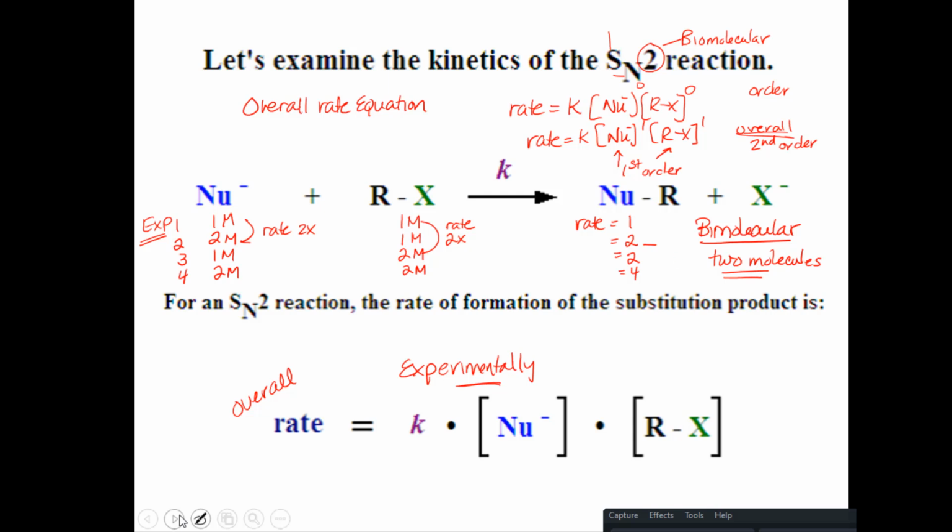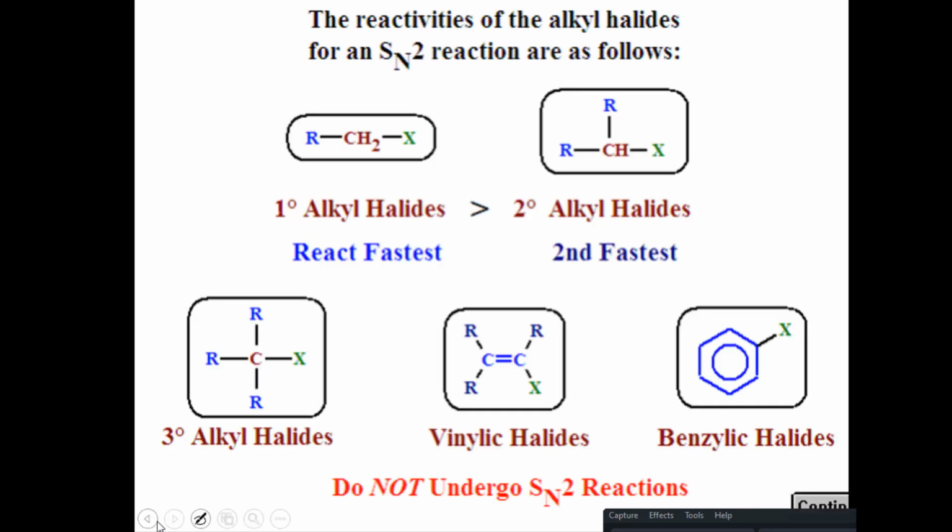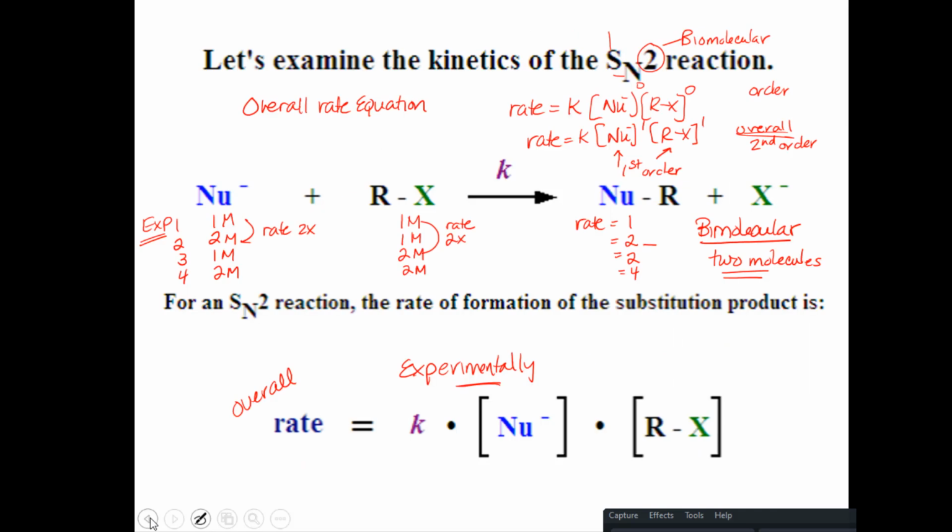And you might say, well, wait, didn't you tell us what that mechanism was? Yes. How did we determine that? By starting with the kinetics. So the 2 stands for bimolecular. The rate equation has the nucleophile to the first power, the alkyl halide to the first power, and so this is a bimolecular reaction. And what do we do to conclude that it's a bimolecular reaction?